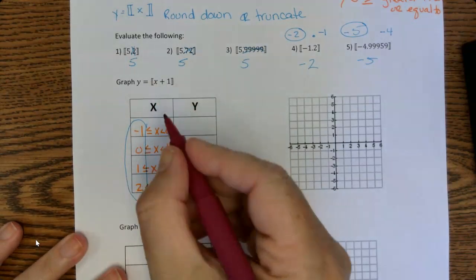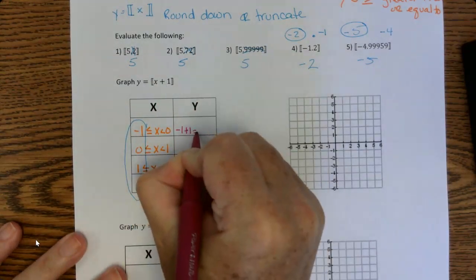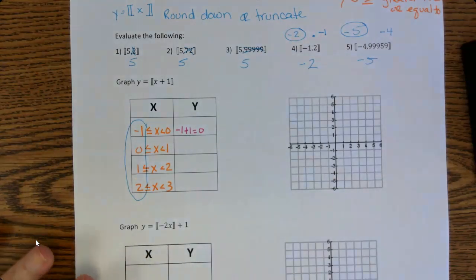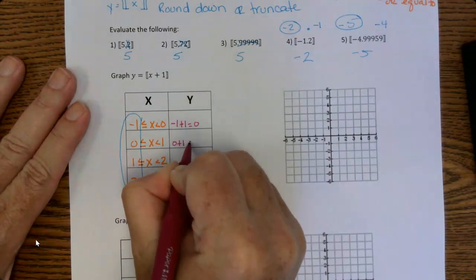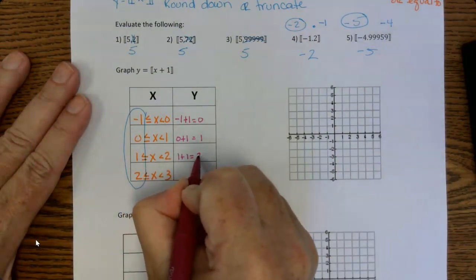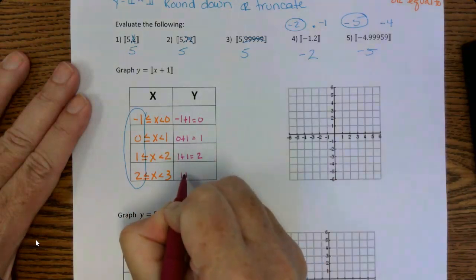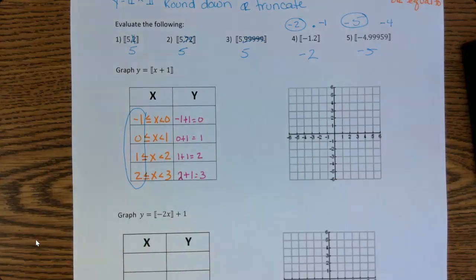So here's our equation. So it'll be negative 1 plus 1 is 0. Okay. Now we're going to do 0 plus 1, 1. 1 plus 1 is 2. And 2 plus 1 is 3. Okay.